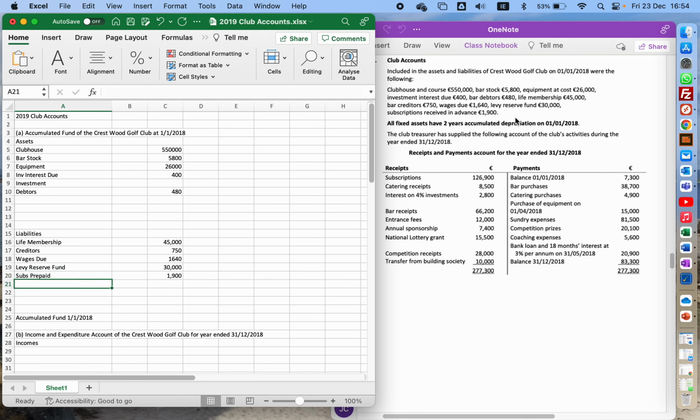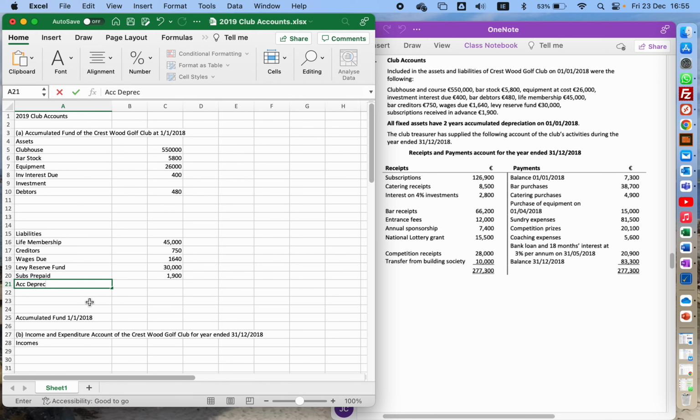So that starts it. Next thing what we do is we read through the rest of the question and see is there anything from the question that might be relevant to the beginning of the year. All fixed assets of 2 years accumulated depreciation. So I'm going to need to include those, and I'll put those in as liabilities. So accumulated depreciation. So all fixed assets.